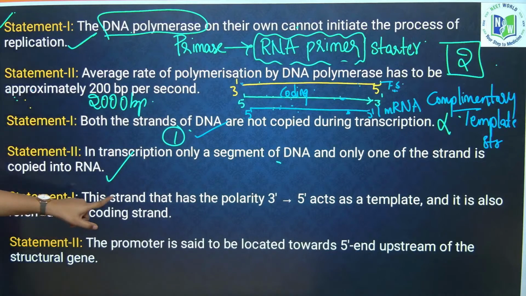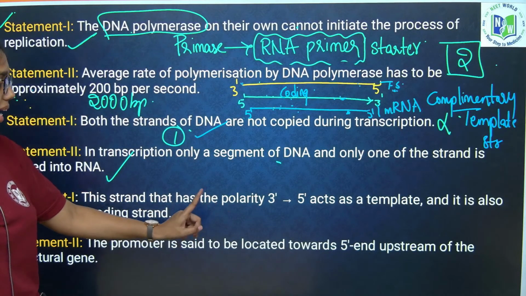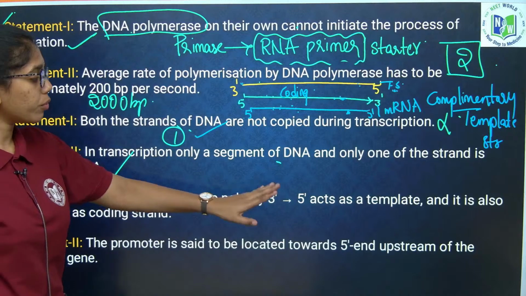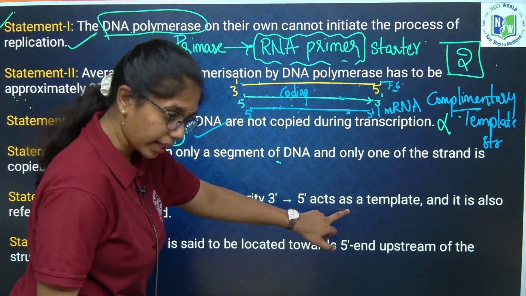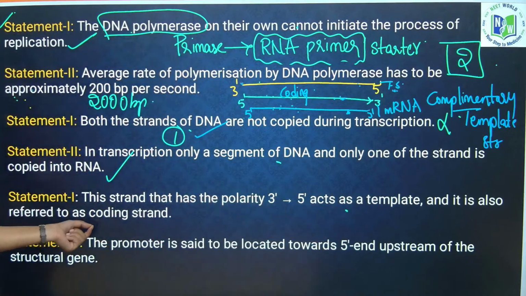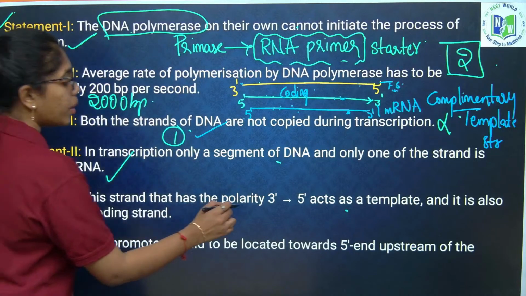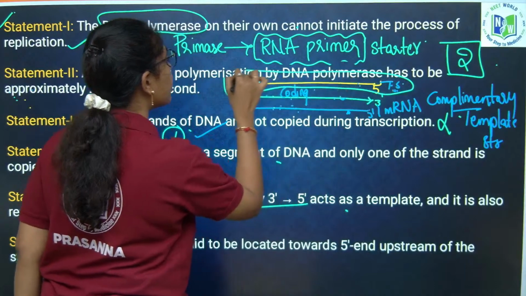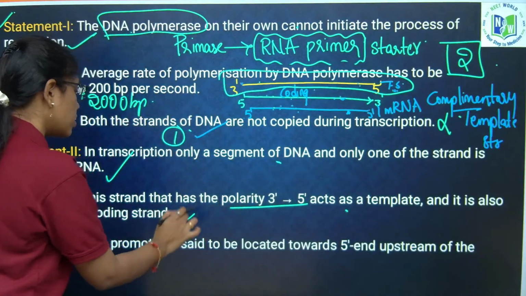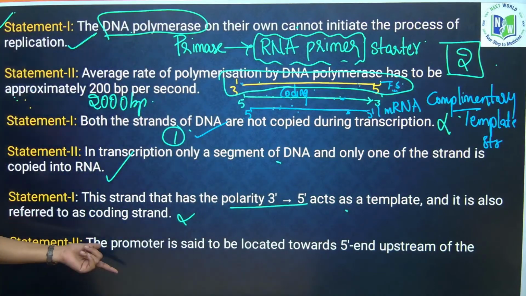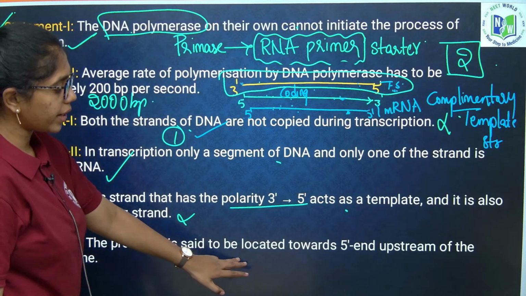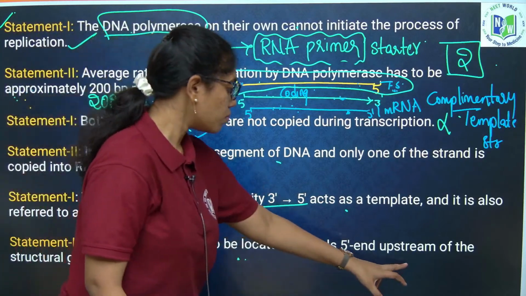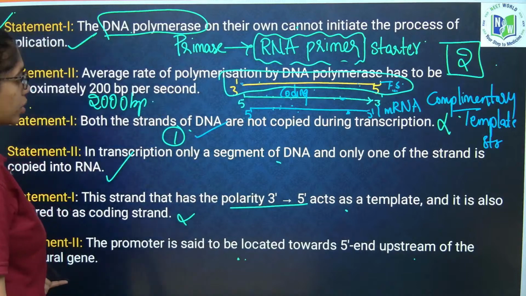Next, this strand that has the polarity 3 prime to 5 prime acts as template, correct, and is also referred to as coding strand. 3' to 5' polarity, this is called the template strand, not the coding strand. So this is a wrong statement. Next, the promoter is said to be located towards 5' upstream of the structural gene.